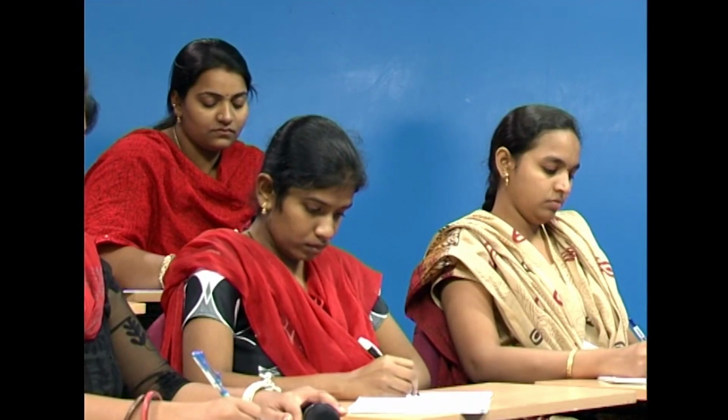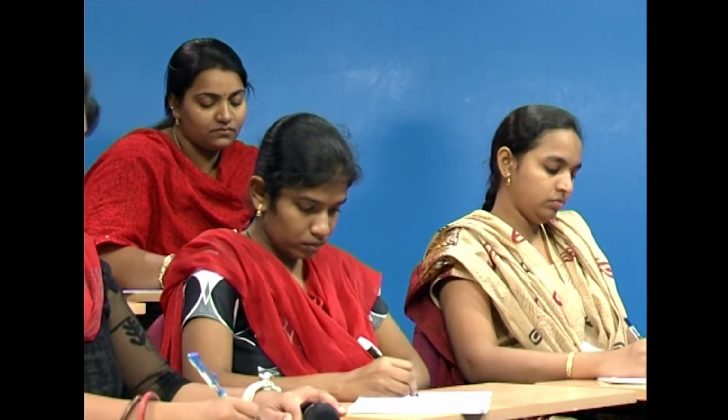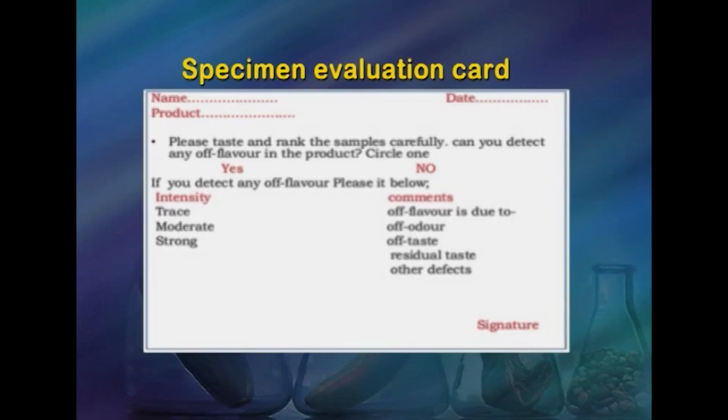With trained panelists, the completed analysis of 2 or more samples evaluated at different times can be compared. Also, in market and consumer analysis, the results of different samples evaluated at different times by a different set of untrained panelists can be compared.